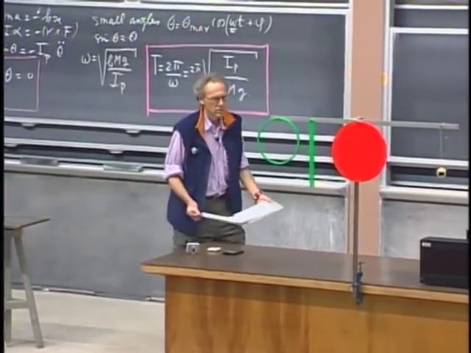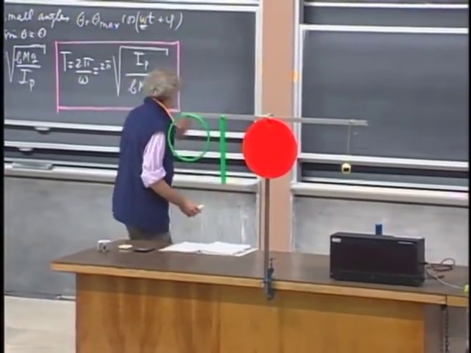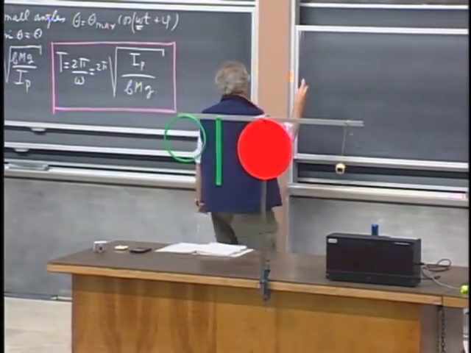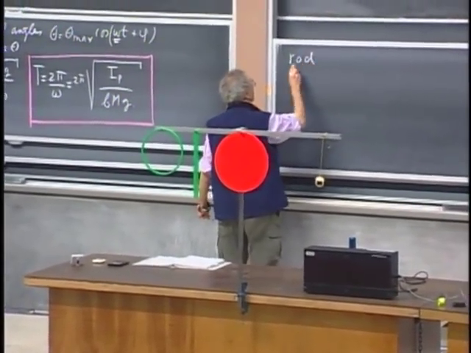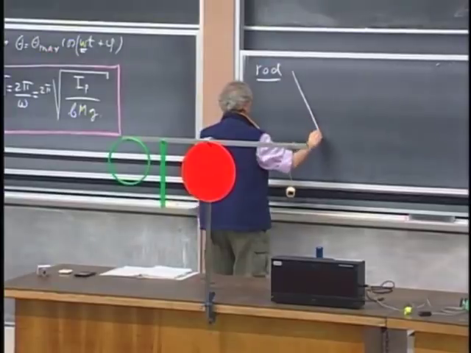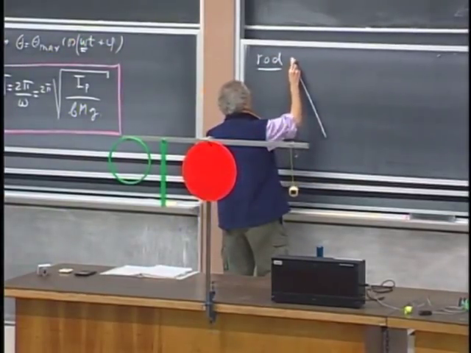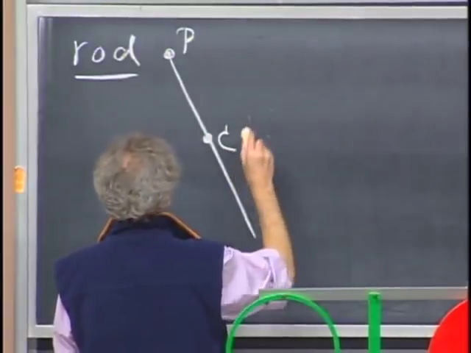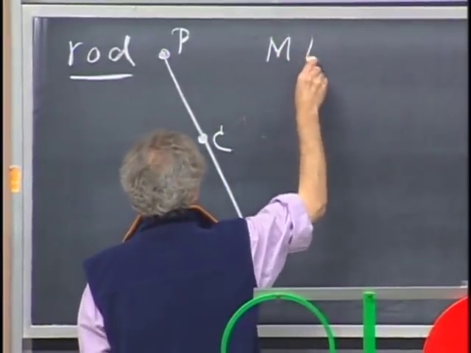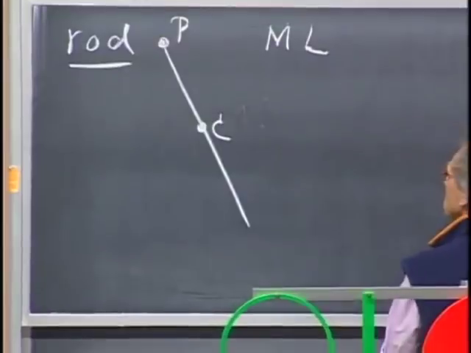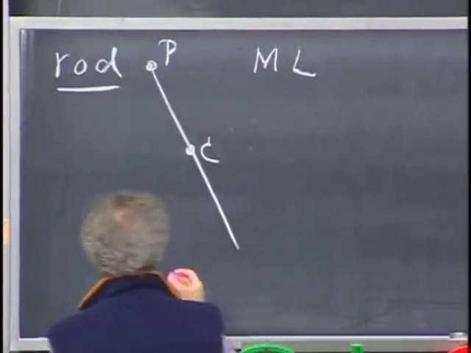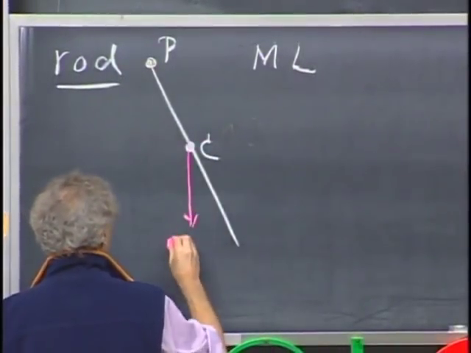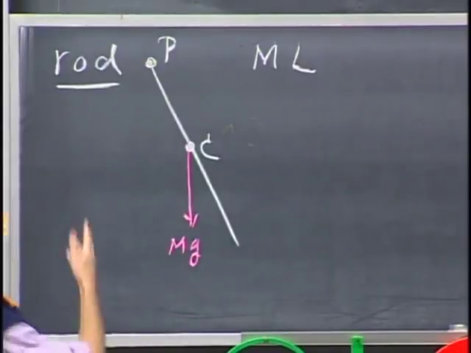Let's first go to the rod. So we first do the rod. We have the rod here. This is point P, and here is the center of the rod. The rod has mass m, and it has length L. So we have here mg, I don't have to worry about this anymore.